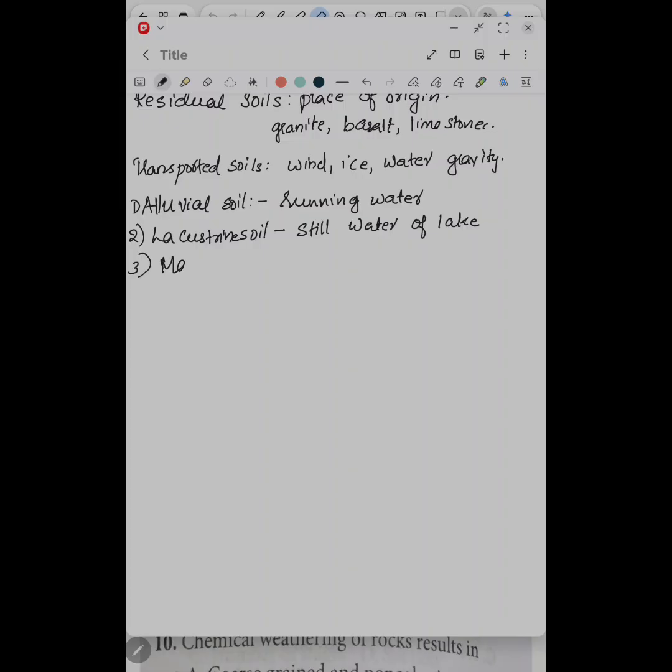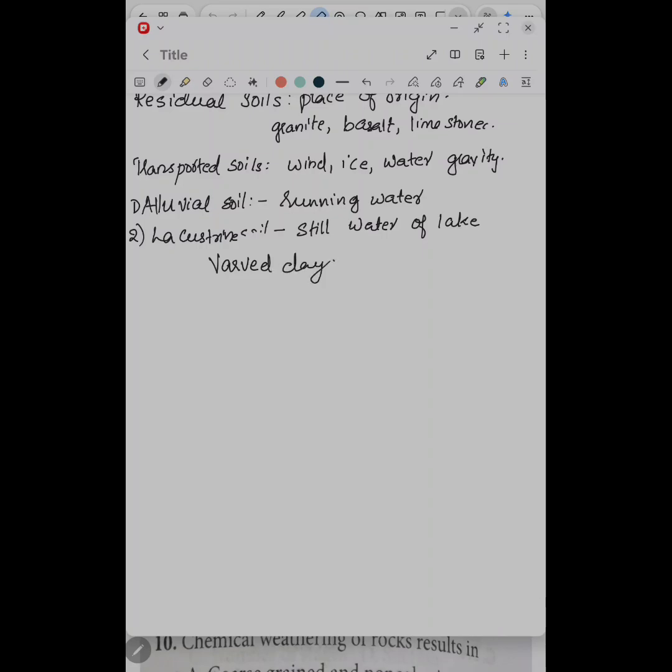Okay, one more thing here, you have to add one more thing. The deposit of soil due to the still water of lake we can call varved clay.